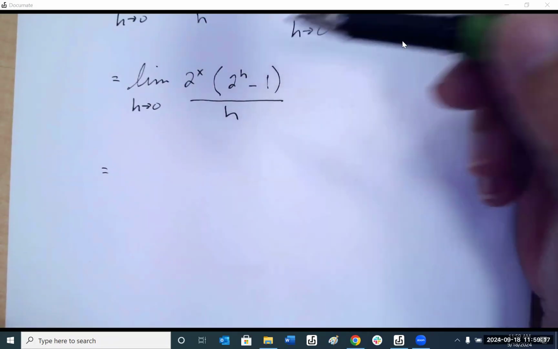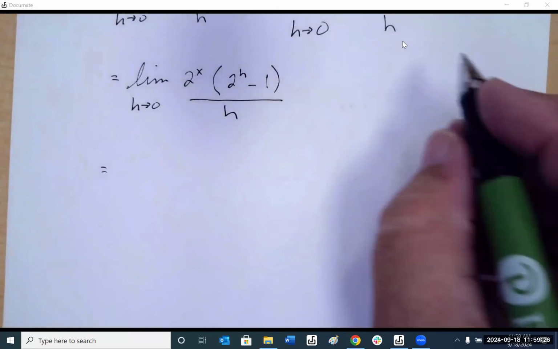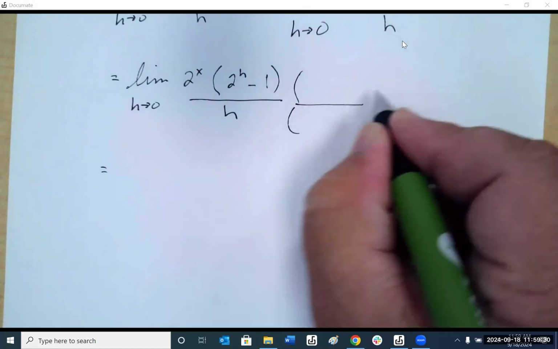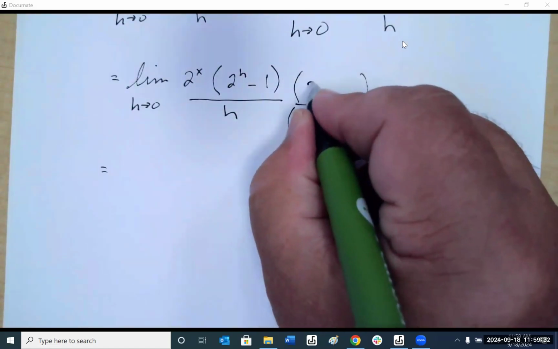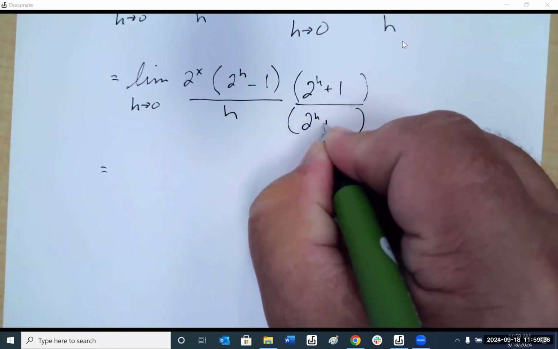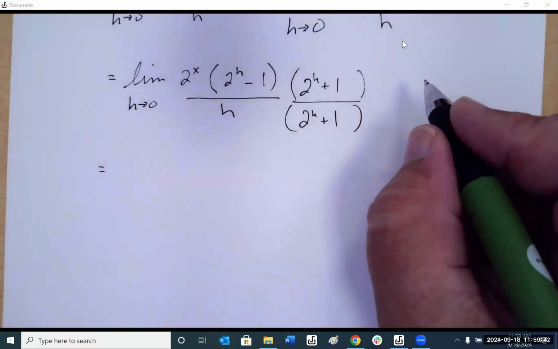So remember, whenever we have a limit of 0 over 0, we can try the conjugate. Let's see where that would take us.